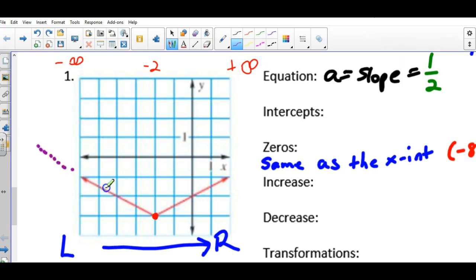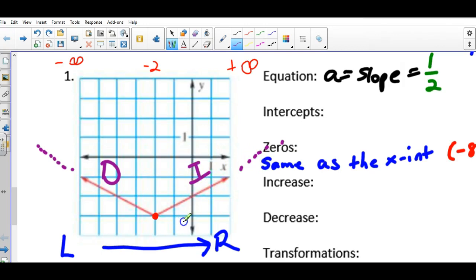If I trace the line back to the vertex, we're going to say that that's a decrease. It's going down. If I were to walk along this line to the vertex, I'm going down. And if I leave the vertex and go in this direction and follow the line, that's an increase. I would be walking up a hill, right? Down a hill, up a hill, or increase.